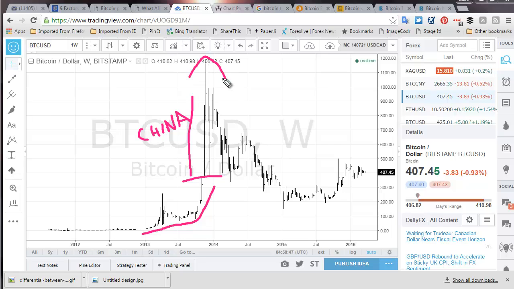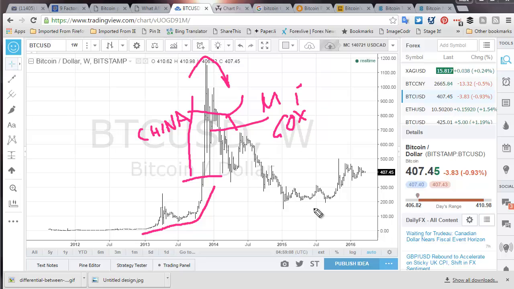This step down is also based on China, when they said financial institutions could not participate. And then this one here is to do with Mt. Gox and the general nervousness.